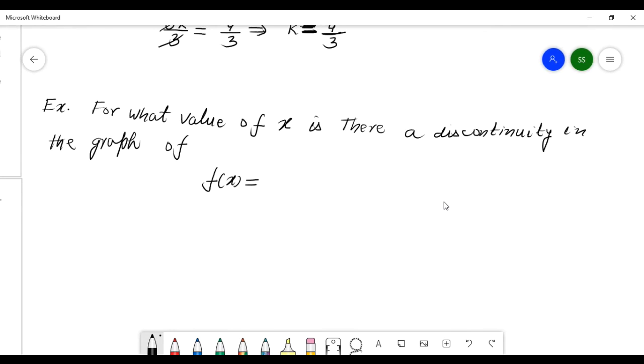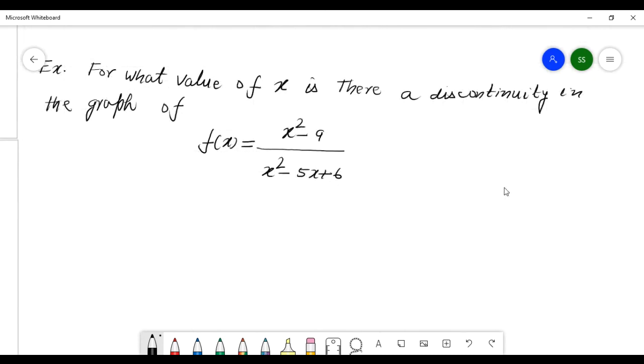You have to check for which value of x this function is discontinuous. The function is (x square minus 9) divided by (x square minus 5x plus 6). You have to check here for which value of x this function is discontinuous.